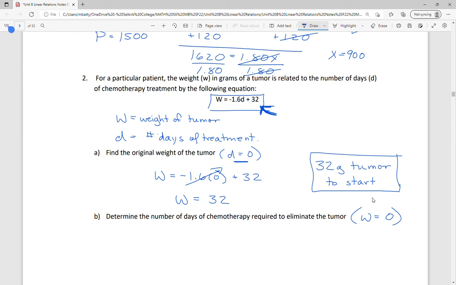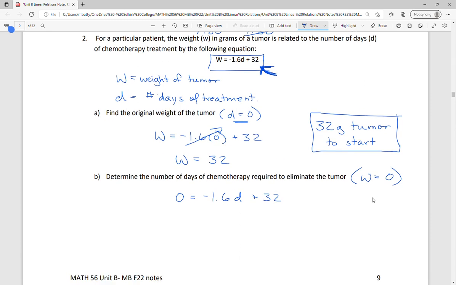So we're going to take that original equation and sub a 0 in where we see the W. I'm not going to sub it in with brackets because it's going to look overly complicated. So negative 1.6D plus 32. The algebra is a little bit trickier on this one to solve. I'm going to start by subtracting 32 from both sides. Get negative 32 equaling negative 1.6D.